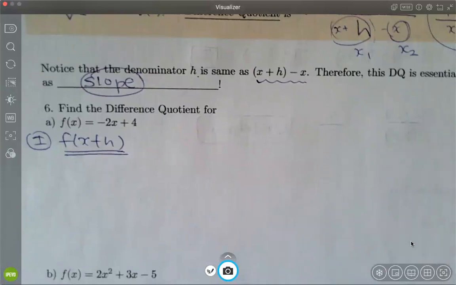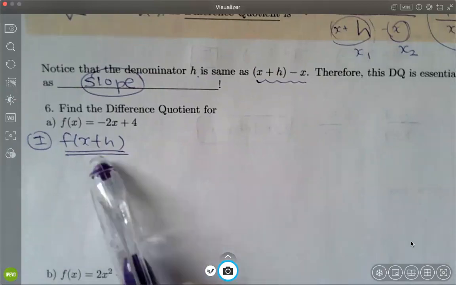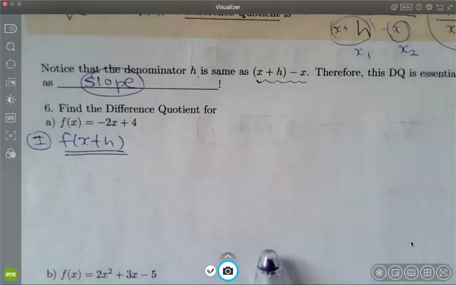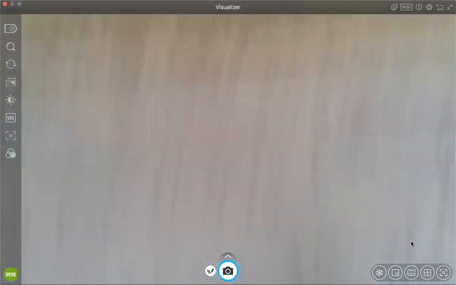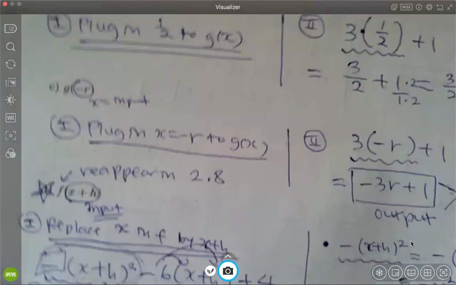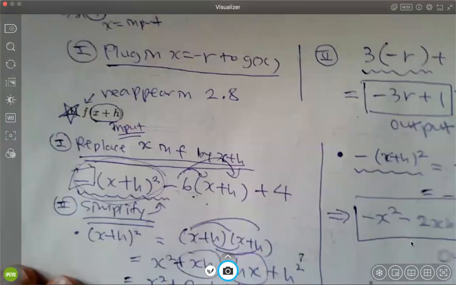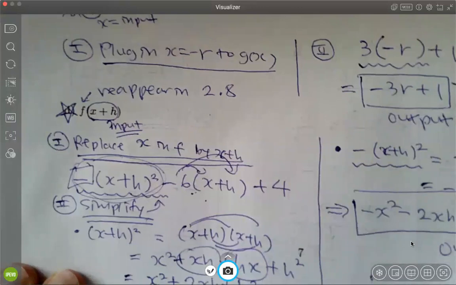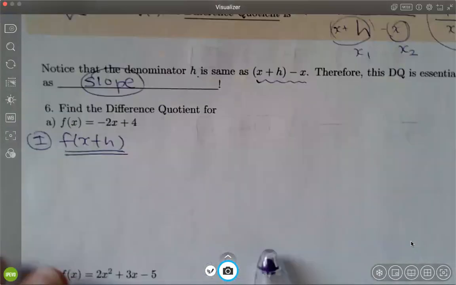Okay, so remember we have seen this thing before. And let me see if I can find it. Was it this one? Yeah. Does it look familiar? So, what do we do here then?